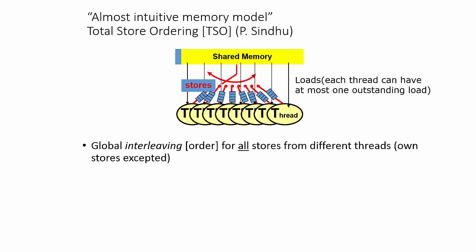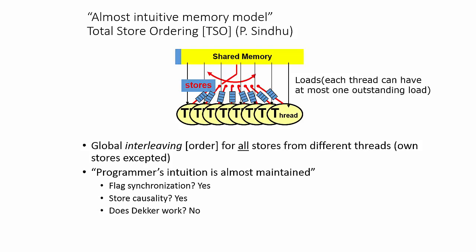In total store ordering, we maintain a global ordering of stores similar to sequential consistency, but loads can bypass these stores and can be carried out in any kind of order. So there is a global interleaving for all stores from different threads.